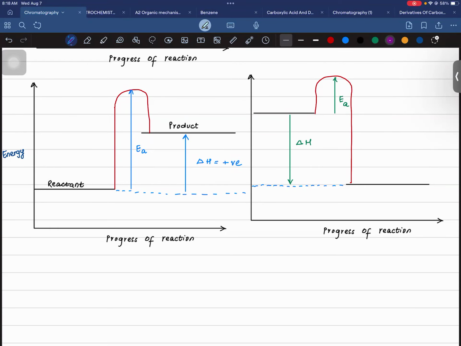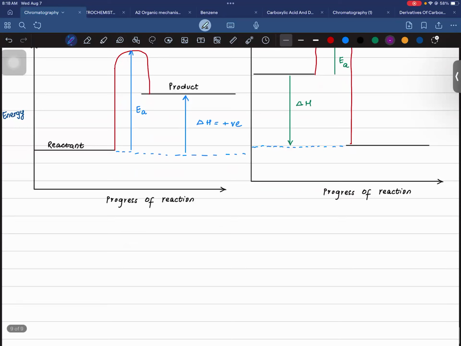Let's suppose I'm giving you a matchbox and I'm telling you to just ignite, and then I'm going to make a tea. Let's suppose I have given you a dry matchbox, and on the other hand, I have given you a wet matchbox.